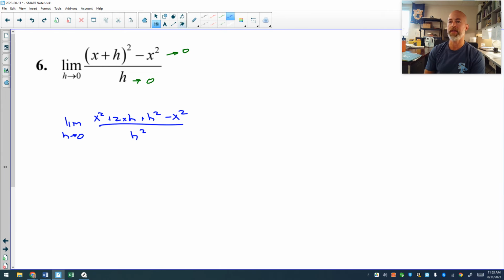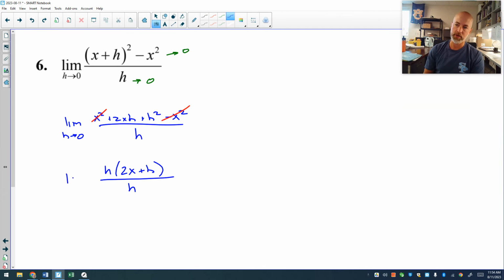And if you look at that numerator, now my x squared minus x squared subtracts out. And of the 2 remaining terms, I can factor an h out. So I'll have h. Why do I write an h squared down there? That should just be an h. Whoops. So I factor an h out of the numerator, which leaves me with 2x plus h. The denominator is also an h.